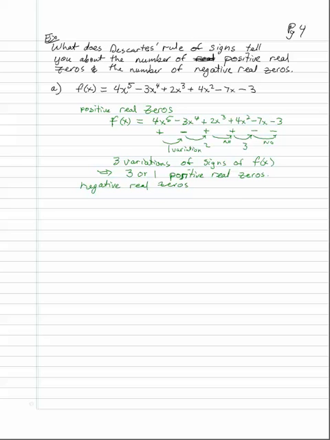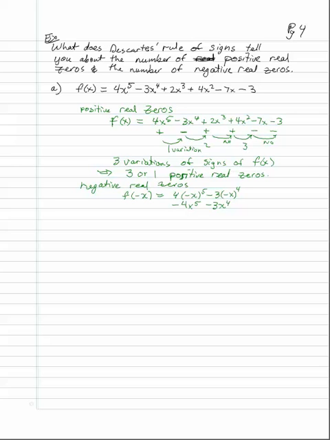So if now you put in negative x, the shortcut is anything that is an odd power is going to change the sign of the original coefficient. So this is going to become negative 4x to the 5th. Anything that's an even power, when you take a negative x to the 4th power, it cancels the negative and you get the original sign of the coefficient.